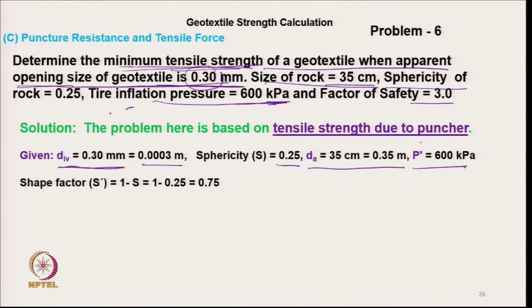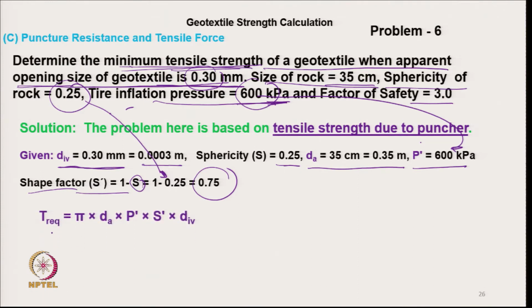Tire inflation pressure is 600 kPa. The shape factor is nothing but 1 minus sphericity, and sphericity is 0.25, so the shape factor of the rock is 0.75. So we can use this equation directly to get the required tensile strength.